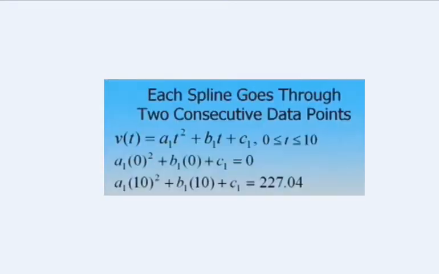For a3, we have to put 15 and 20. For a4, we have to put 20 and 22.5. For a5, we have to put 22.5 and 30. So these 8 and these two equations give us our 10 equations. But we still have 5 short. We have to set up 15 equations because there are 15 unknowns.